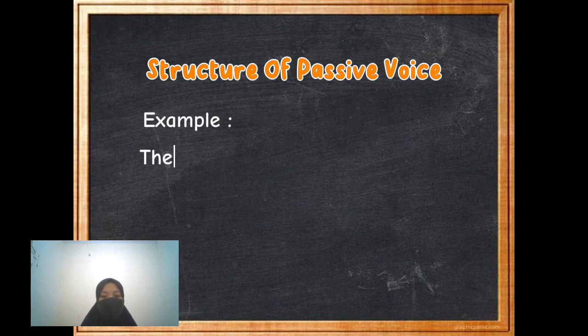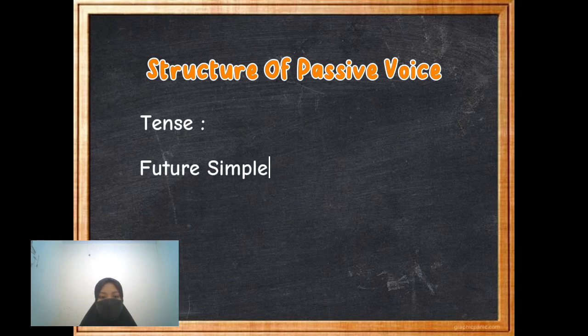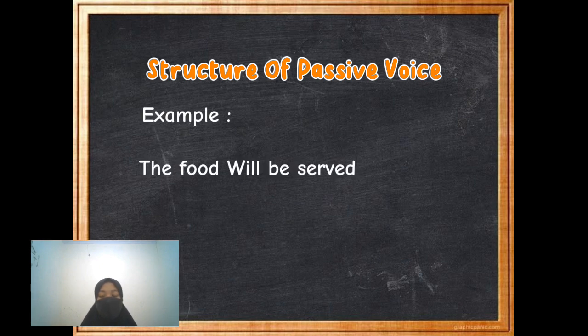For example, the book was read. Next, future simple: will be plus V3. For example, the food will be served.